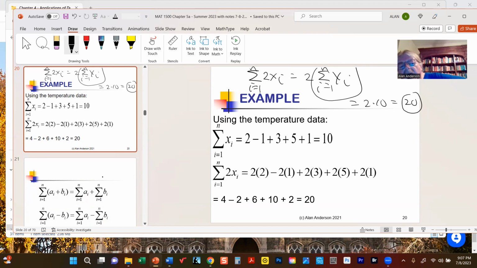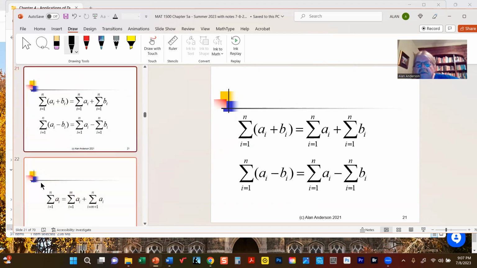All right, now, some more algebraic properties. These, of course, are just what you would expect. The sum of these terms, the sum of the ai plus bi, can be rewritten as the sum of the a's plus the sum of the b's. And the same thing is true with subtraction. So, the thing is, you'll use the one that is the most convenient.